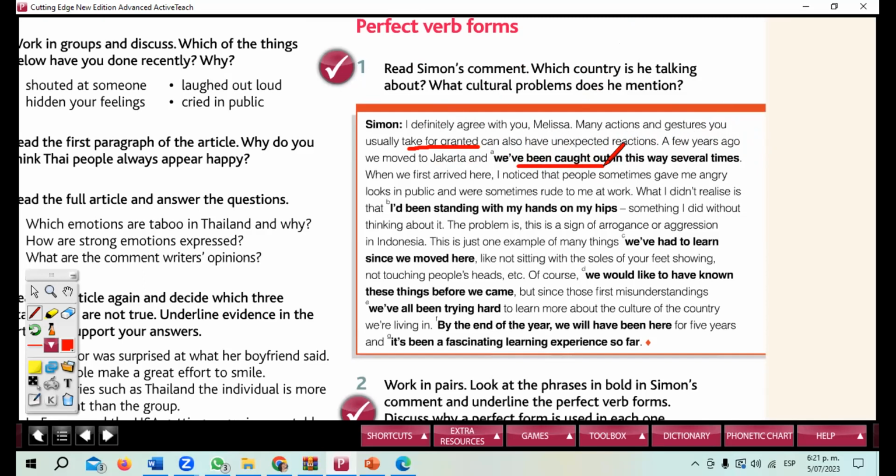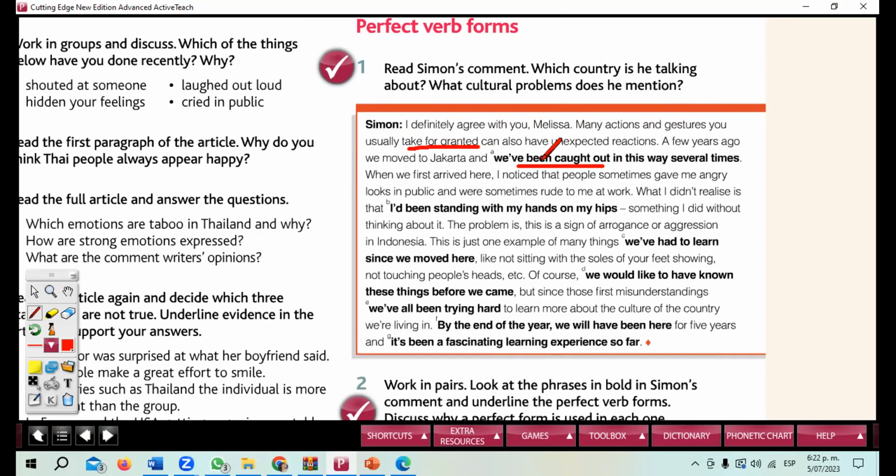This is to be surprised, okay? It's similar to be surprised, como ser sorprendido, atrapado. We've been caught out in this way several times. So he talks about some actions that he does or gestures that have unexpected reactions from people there.